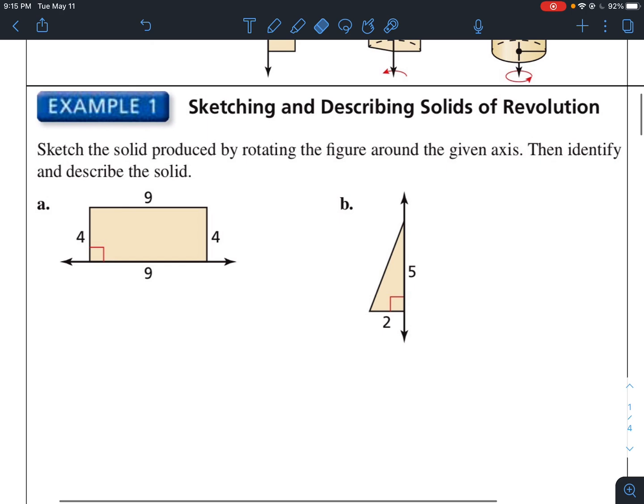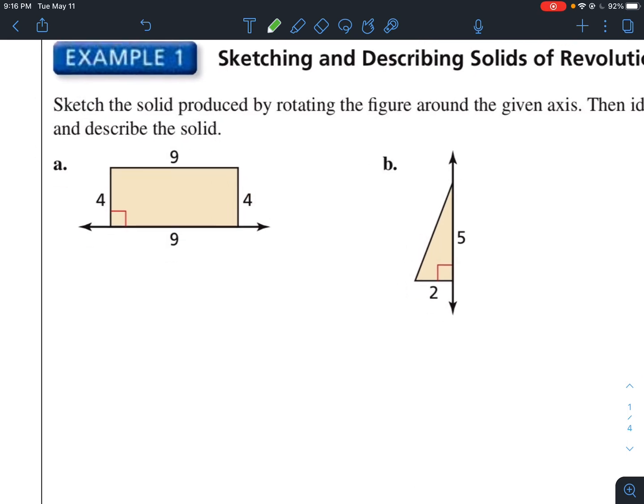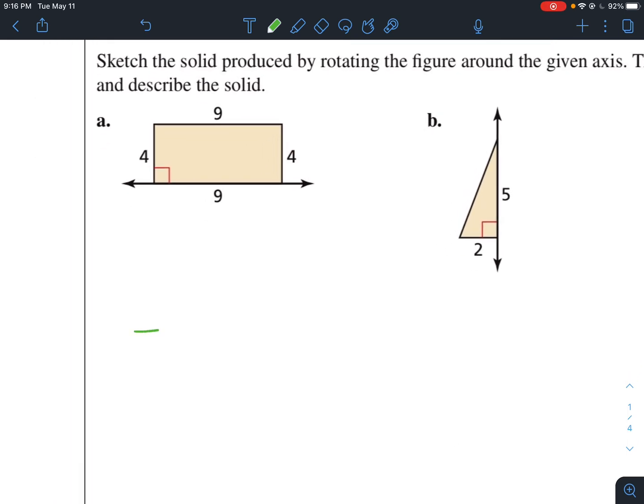In this first example it says to sketch and describe the solids of revolution. Sketch the solid produced by rotating the figure about the given axis, and identify and describe the solid. So we're going to rotate this shape about this axis. If I have my axis right here and a rectangle, it's pretty much what we just saw before.